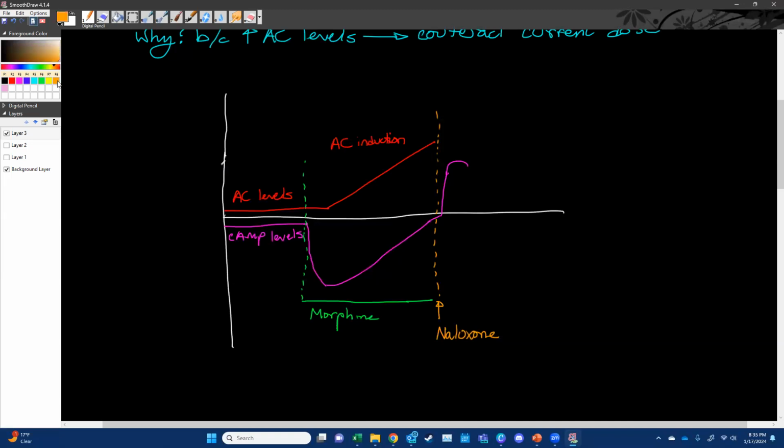The better example is, what if someone just quit cold turkey? Then again, we don't have the morphine available to block this increased amount of adenylate cyclase, so we're going to have this giant increase in cAMP. This giant increase is what withdrawal is.